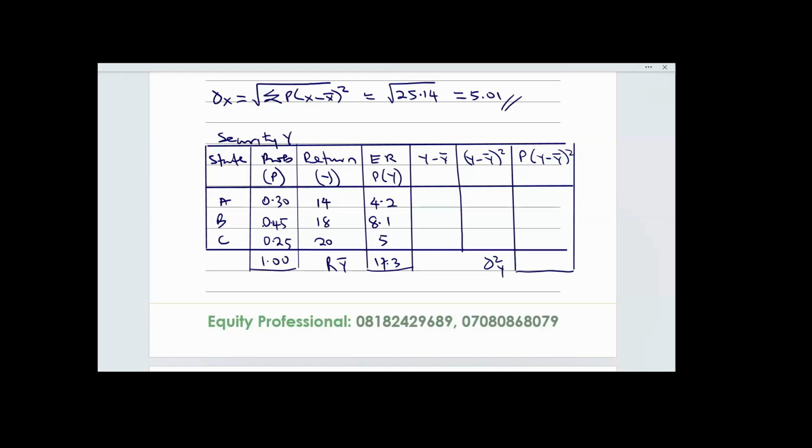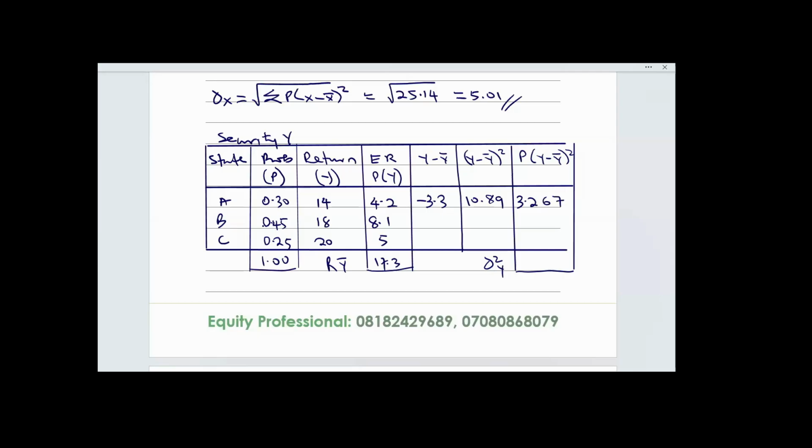14 minus 17.3 is minus 3.3, minus 3.3 square is 10.89. Multiplied by probability of 0.3, 3.267. Okay.